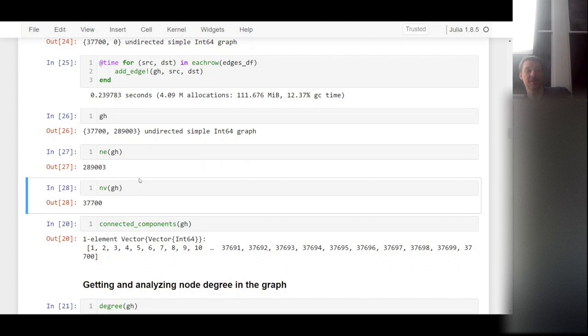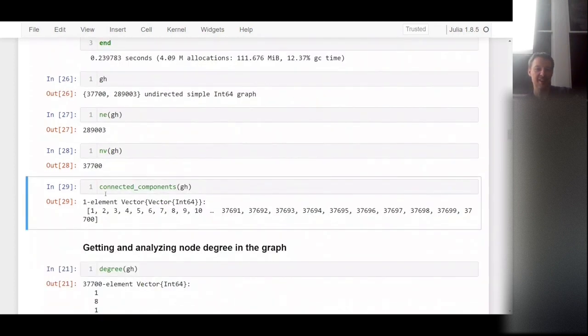Yeah, exactly. So I'm asking the following. If I can divide my graph into smaller graphs so that each smaller graph has a property that each node can be reached from every other node. So in this case, if I run connected components and I get information that I get one big connected component consisting of all nodes of my graph, what does this mean?